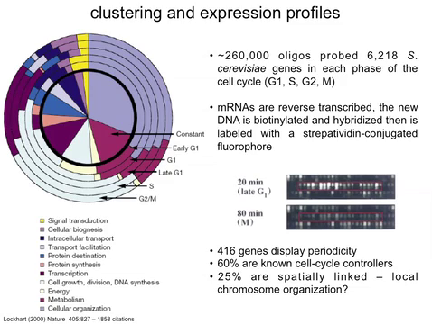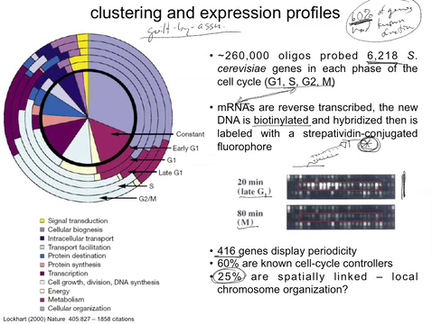And the most noticeable thing to point out here is the change in DNA synthesis genes as we go through different steps of the cell cycle. So the proportion of genes involved in that transition increases dramatically and changes dramatically as we step from one stage of the cell cycle to the next.